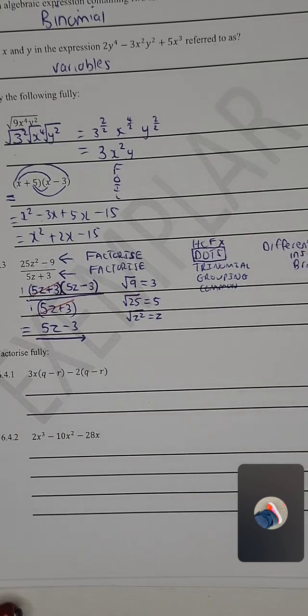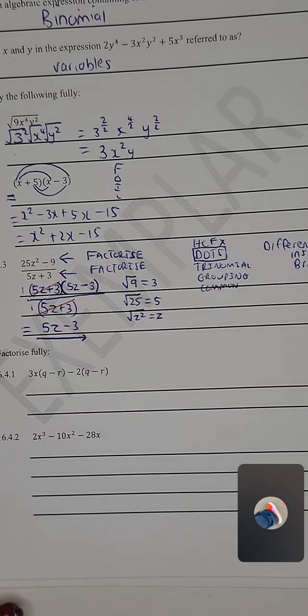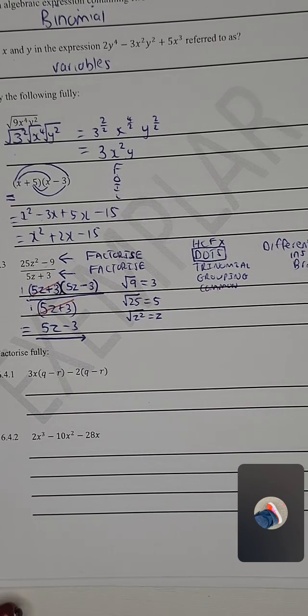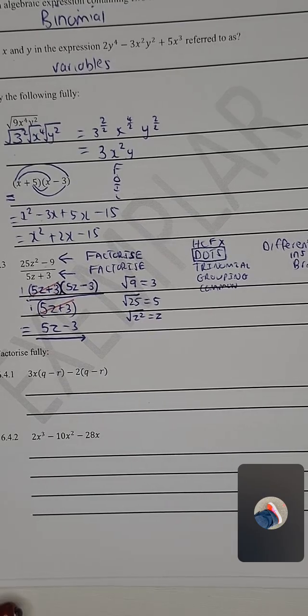Then after factorization, in most cases, something can be cancelled top and bottom because of the relationship of multiplication in the numerator and the denominator. When you cancel, you are left with your simplified answer, and that's where you end.